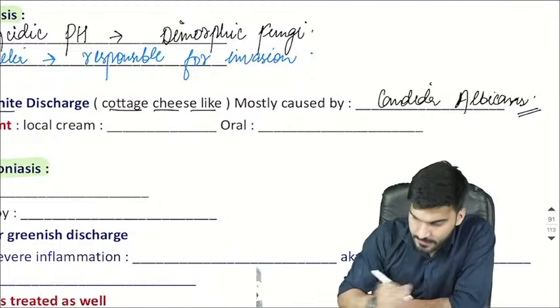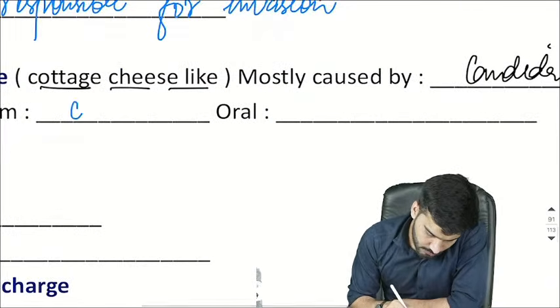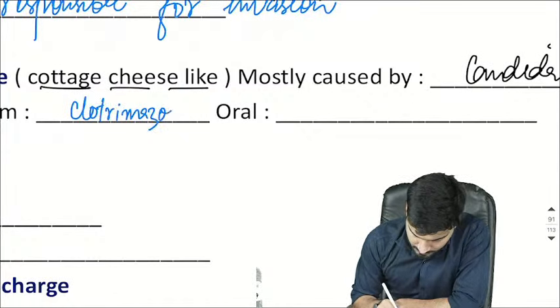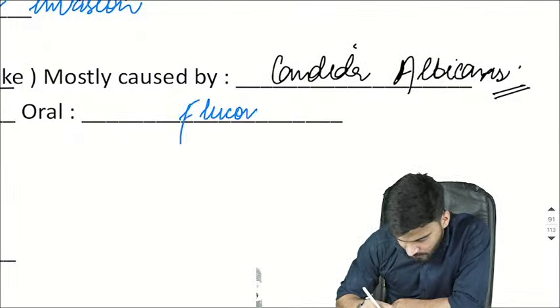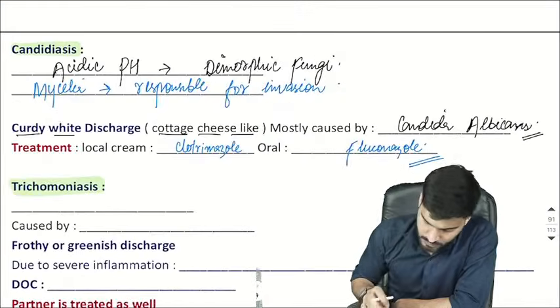For treatment, a local cream we have is clotrimazole, and orally we give fluconazole.